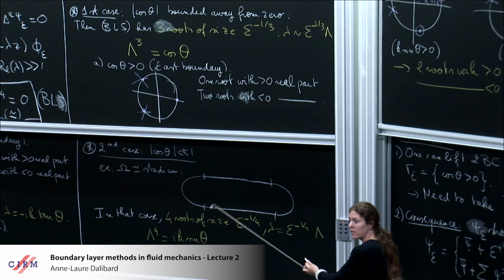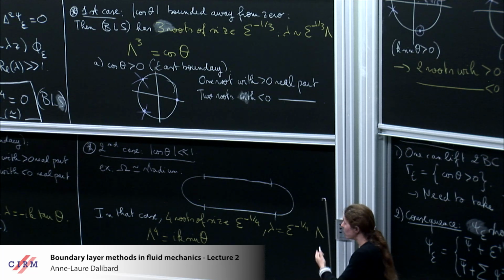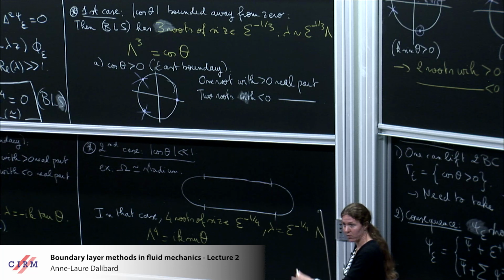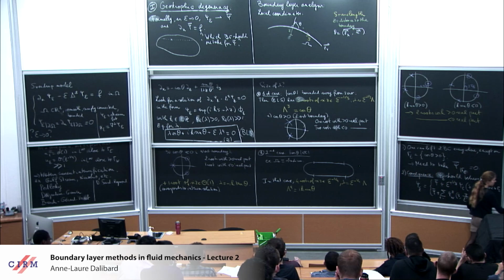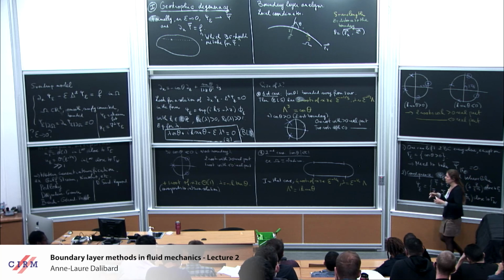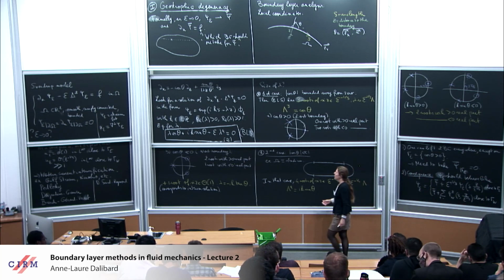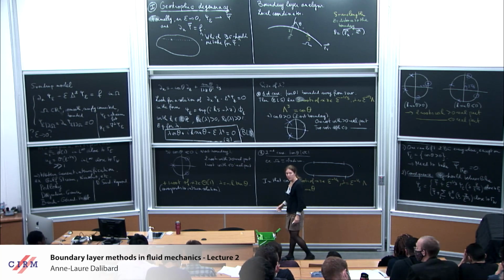So this is really one of the simplest cases of degeneracy that I know of. Typically, this is a situation in which you cannot apply as a black box the theory that I presented yesterday.